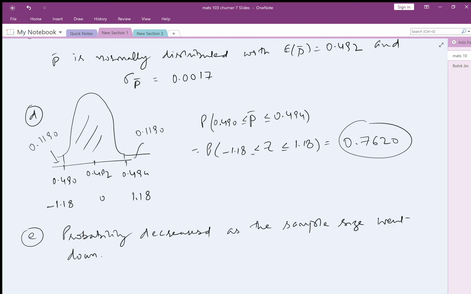Why or why not? Yes, they are different because the sample sizes are different, right? As we saw, the probability decreased as the sample size went down. Okay, so I believe with that we have finished all the questions that I listed at the back of chapter 7 slides.